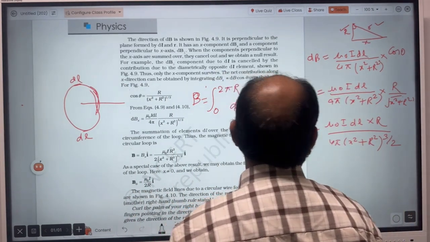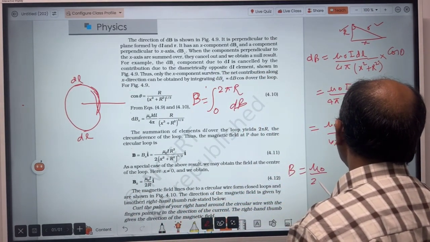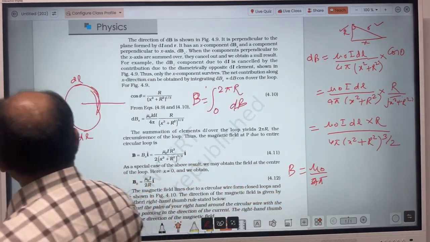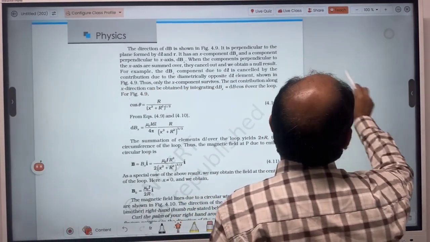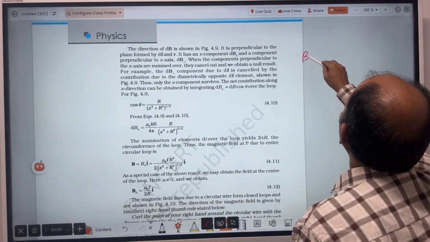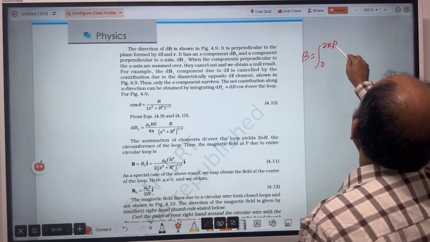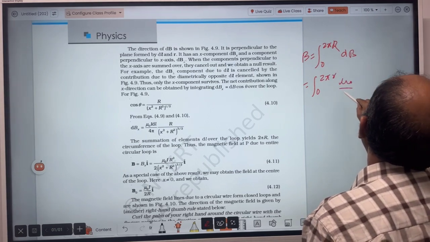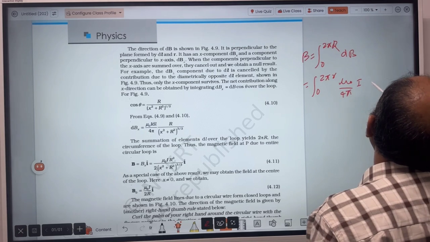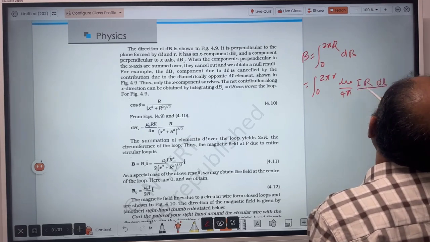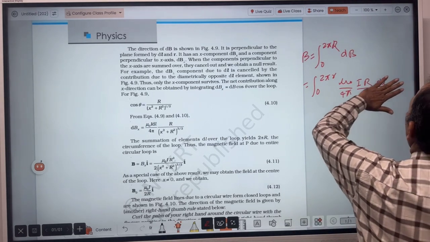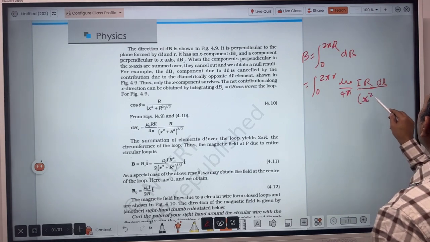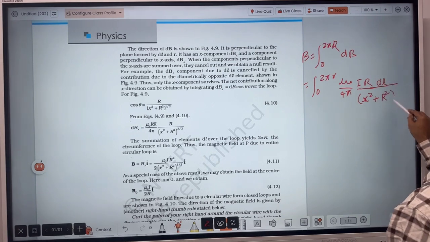So if we put the value, B will be equal to the integration from 0 to 2 pi R of mu naught upon 4 pi, then I dl R divided by r square, where r square can be written as x square plus capital R square whole power 3 by 2.